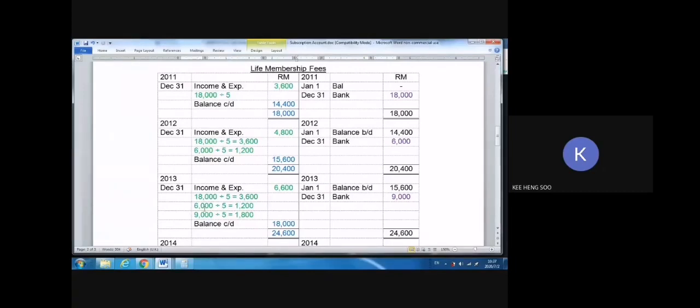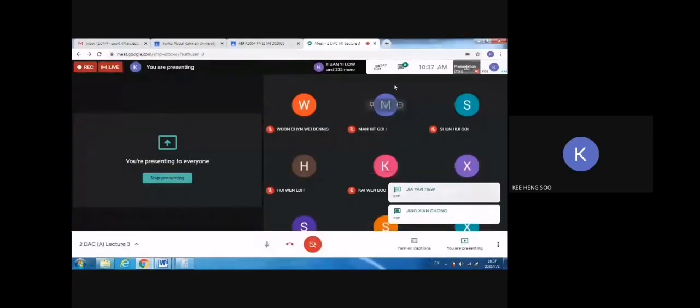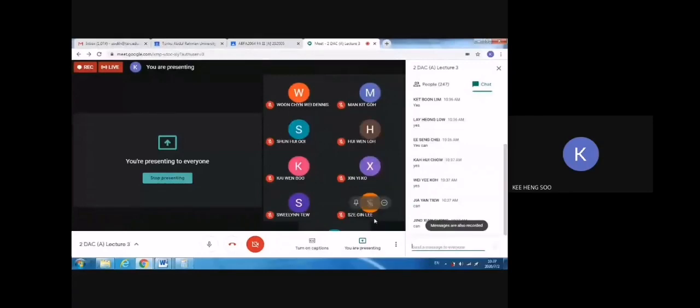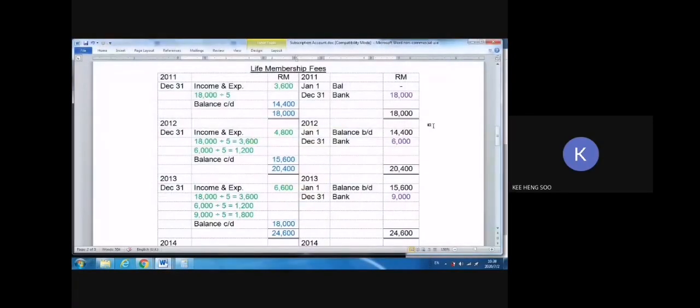Can you see my screen here? Hello? Okay, can I show you the screen here. You snap the picture here first. This is the ledger. It's not in your notes.